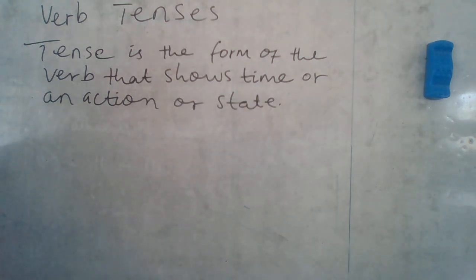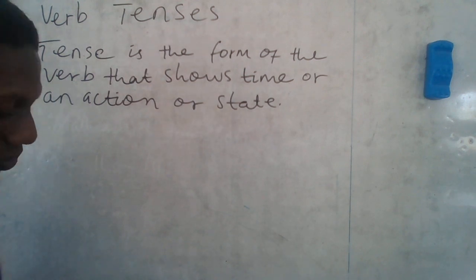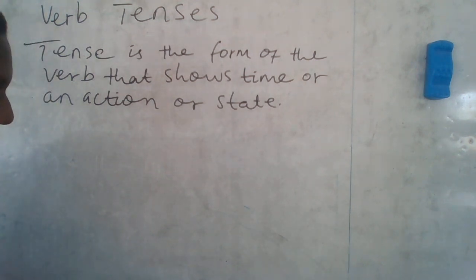So tense is the form of the verb that shows time or an action or state. All right.